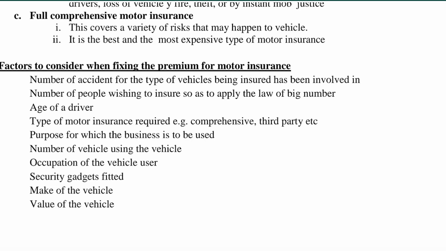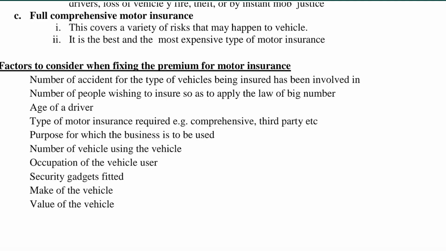Number of people wishing to insure, so as to apply the law of big numbers. Age of a driver is also considered here, because if you are a youth, the premium is usually higher than for older people. Why? Because youths tend to drive recklessly.